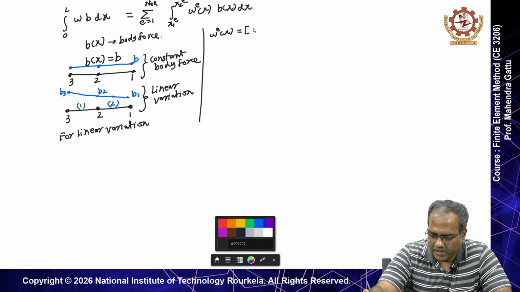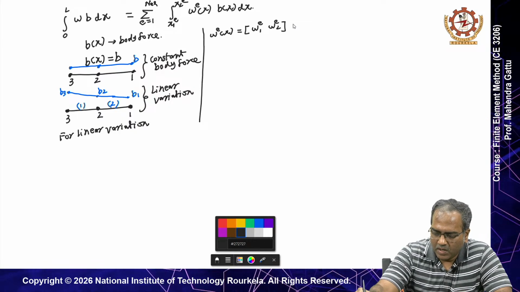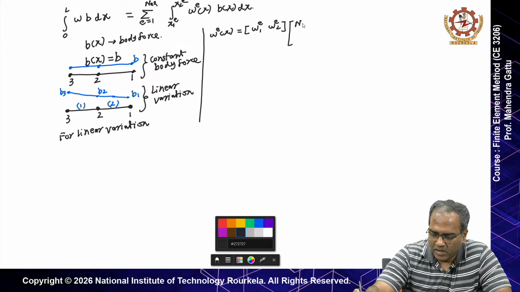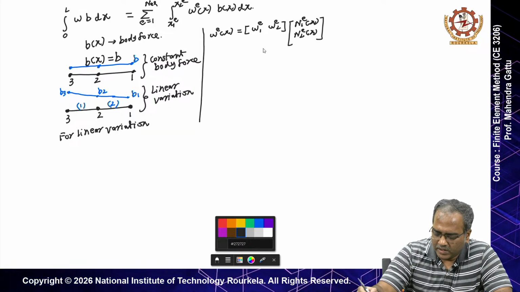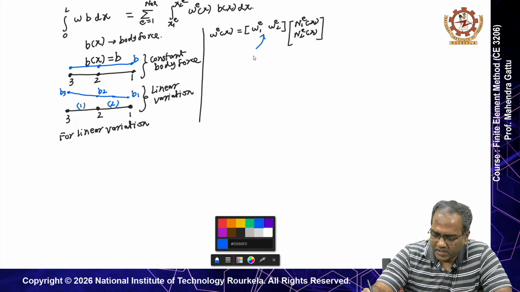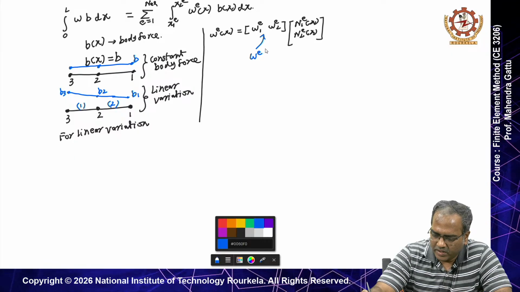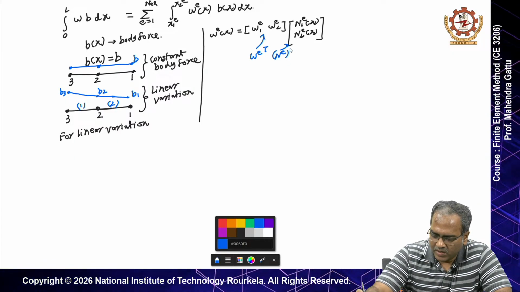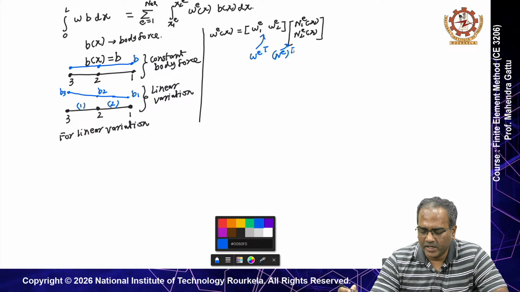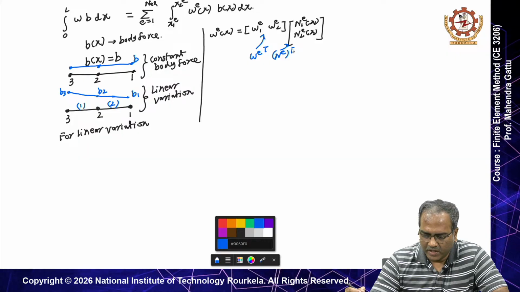We can write it as w e1, w e2, and then the shape functions n1 e of x and n2 e of x. So this term we will call w vector transpose, and this will be the shape function vector transpose. We did this in the earlier class for the first integral, so we will repeat the same thing here.